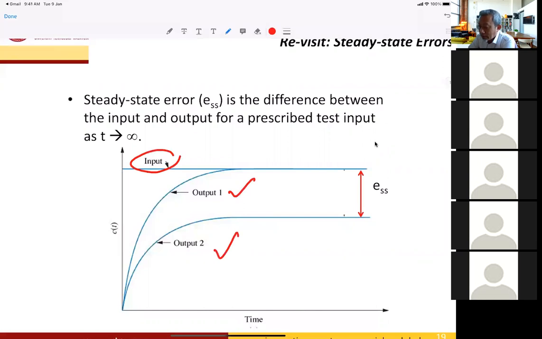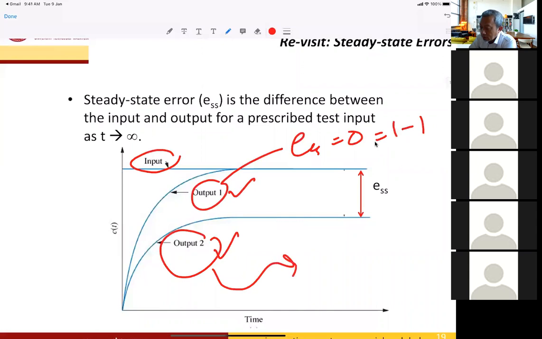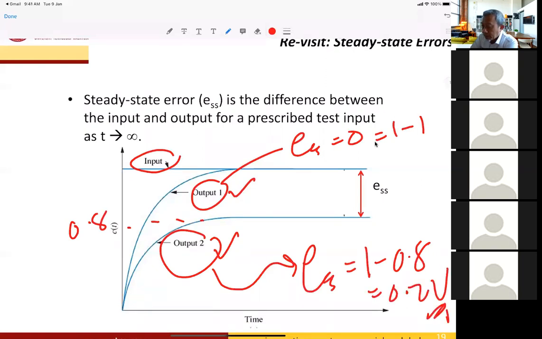So the error is equal to 0, which is 1 minus 1. But for output 2, let's say this is 0.8, there is a steady state error, which is 1 minus 0.8, equal to 0.2 volt.